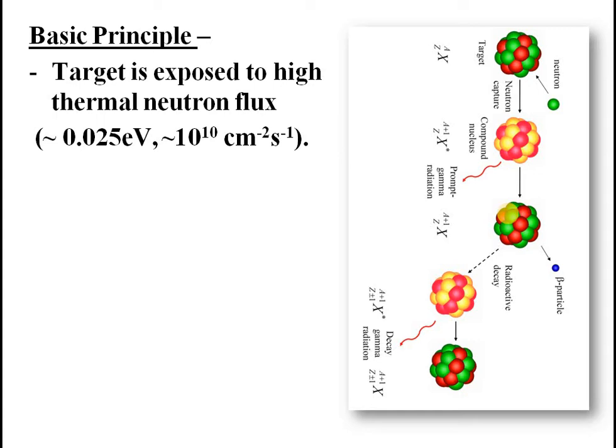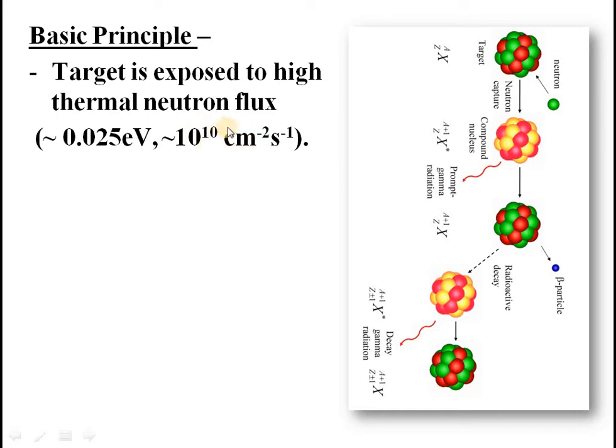As I mentioned earlier, we prefer neutrons having energy in the range of 0.025 electron volt, and the expected thermal neutron flux is 10 raised to 10 per square centimeter per second. That means 10 raised to 10 neutrons cross through 1 square centimeter each second.